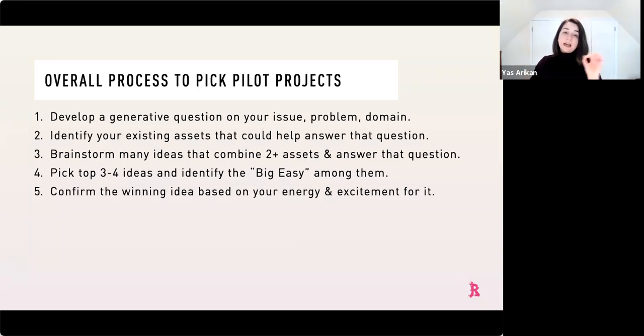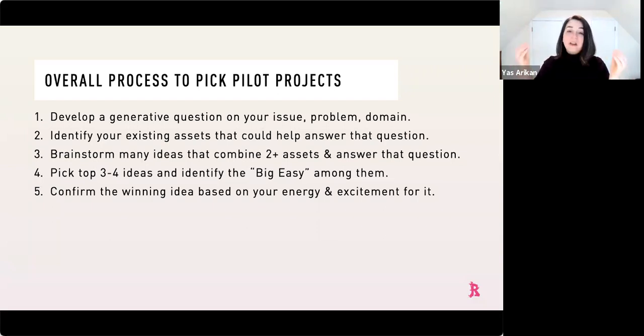Now, just because an idea wins mathematically in your rating system does not mean necessarily that you have to pick that one to proceed with. What is just as important is, what is your energy level? How excited do you feel about that winning idea, that highest ranking idea? Sometimes there may be situations when you're picking the second spot, not the first spot.